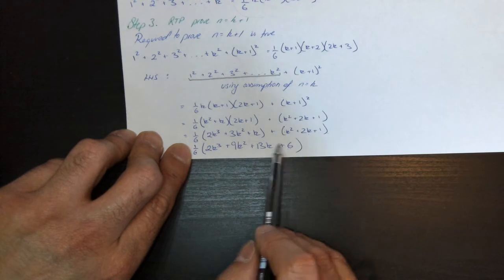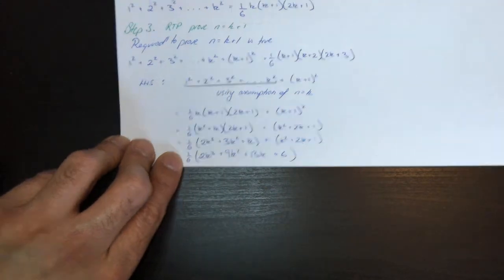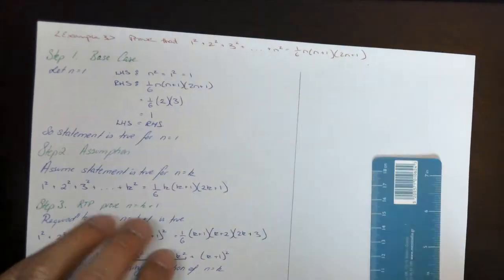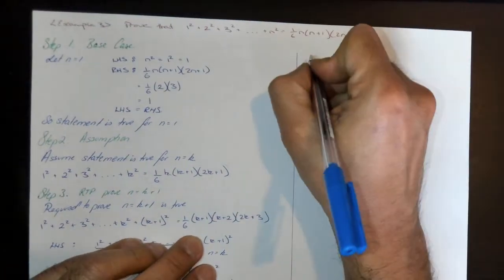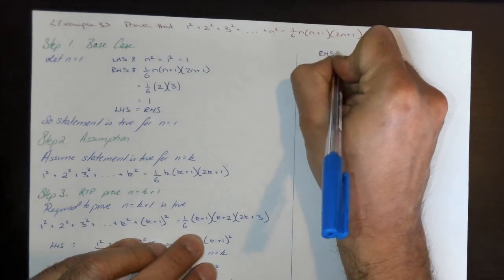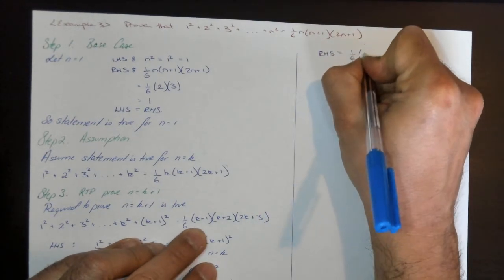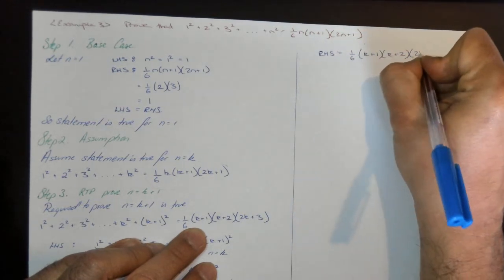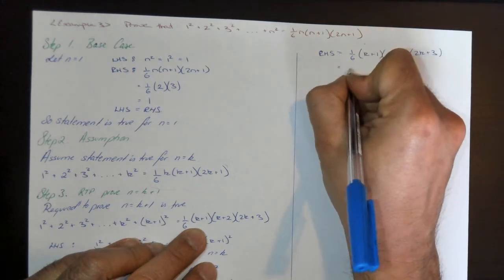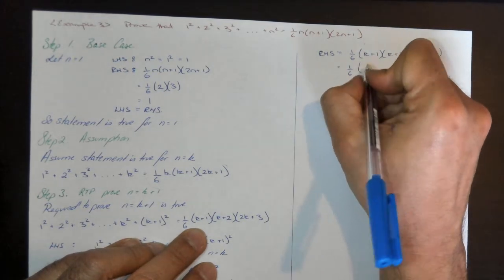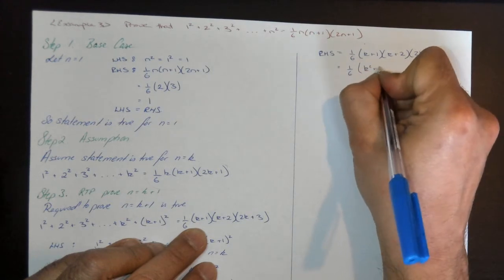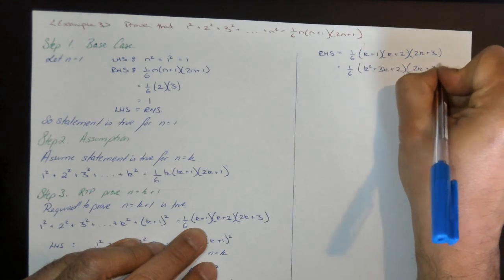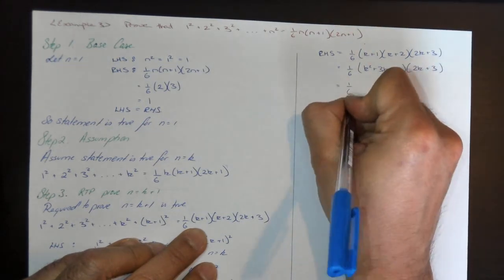Because the new course has taken out cubic factorization, what I'm going to do is take the right-hand side and expand it. So the right-hand side is equal to 1/6 times k plus 1, k plus 2, 2k plus 3. I'm just going to expand that. So it's k squared plus 3k plus 2. Keep expanding that out.